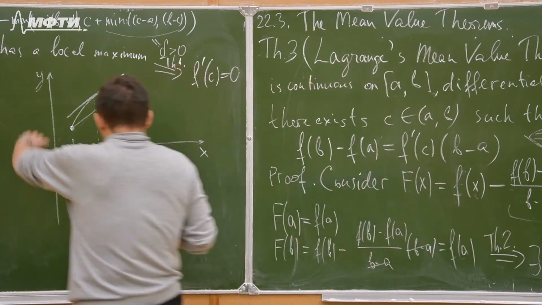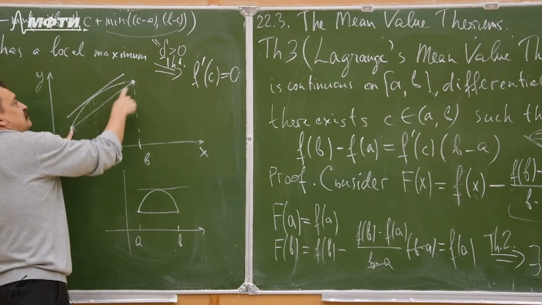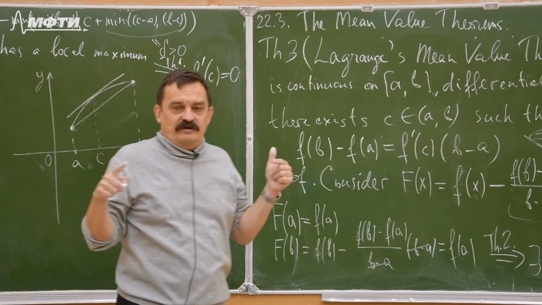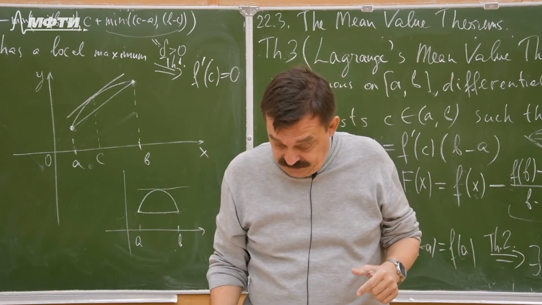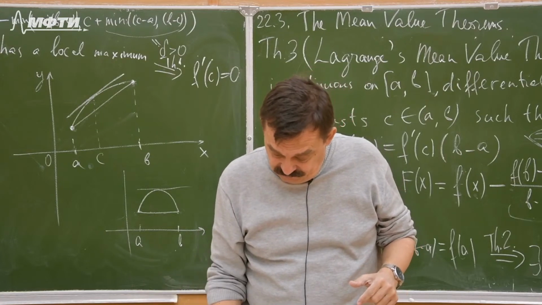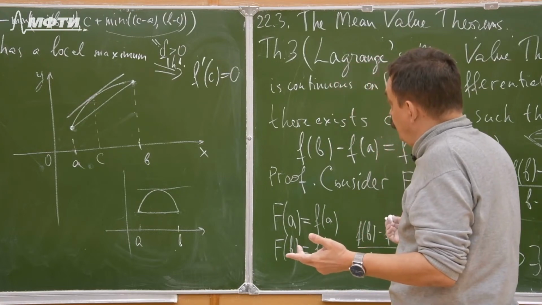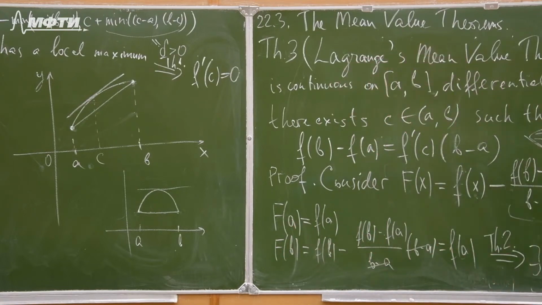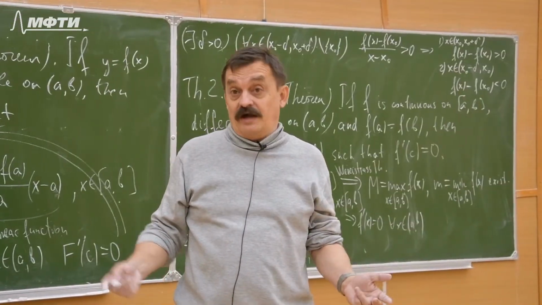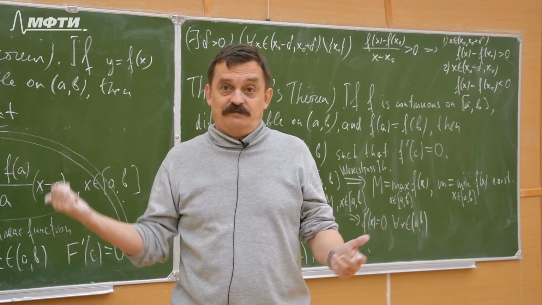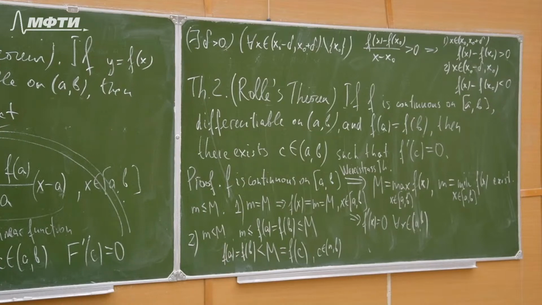So here we have a tangent which is parallel to the line which connects endpoints of the graph. That is the geometric interpretation of the Lagrange mean value theorem. So Rolle theorem is a corollary of the Lagrange theorem, although we proved Lagrange with the help of Rolle, right? So that is the connection between those two theorems.